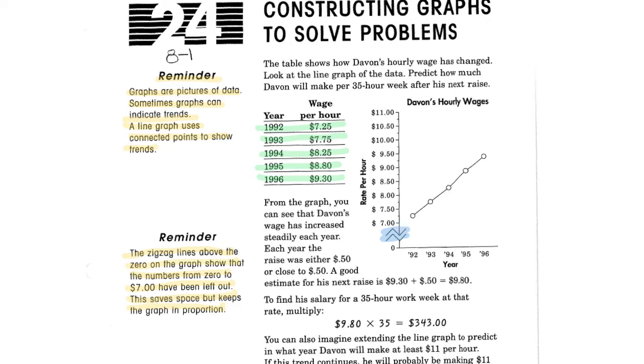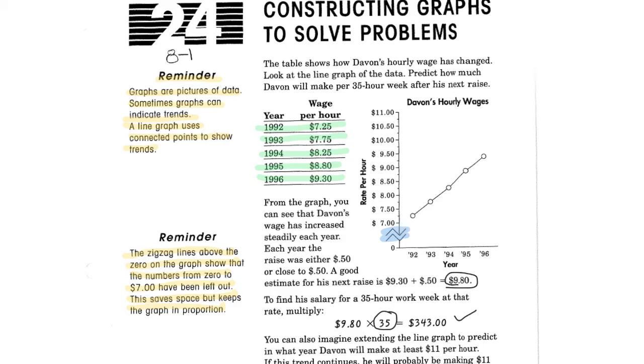It says from the graph, you can see that Davin's wage has increased steadily each year. Each year, the raise was either 50 cents or close to 50 cents. A good estimate for his next raise is $9.30 plus 50 cents would be $9.80. To find his salary for a 35-hour work week at that rate, multiply. So they guessed that his new hourly rate would be $9.80.